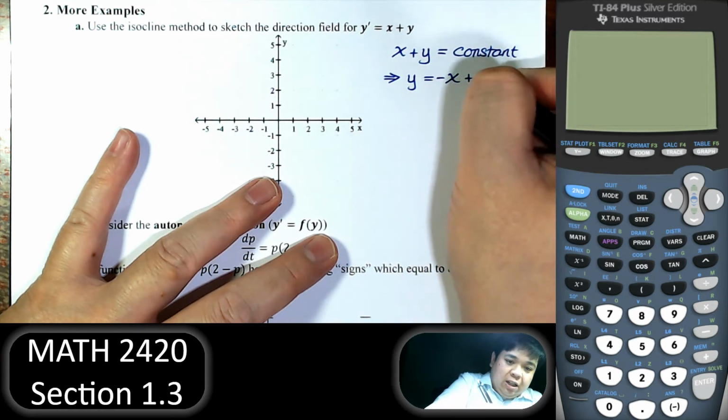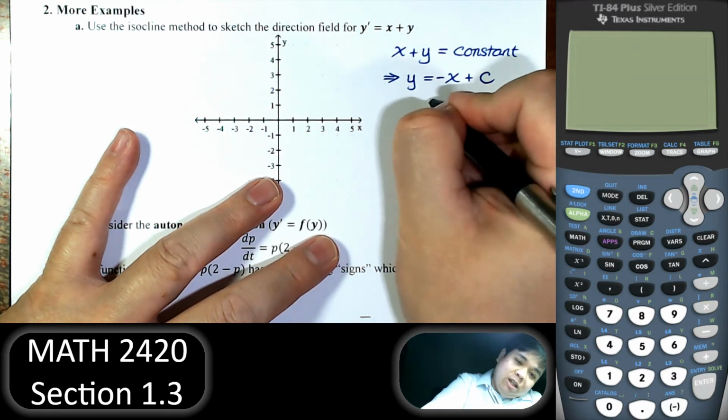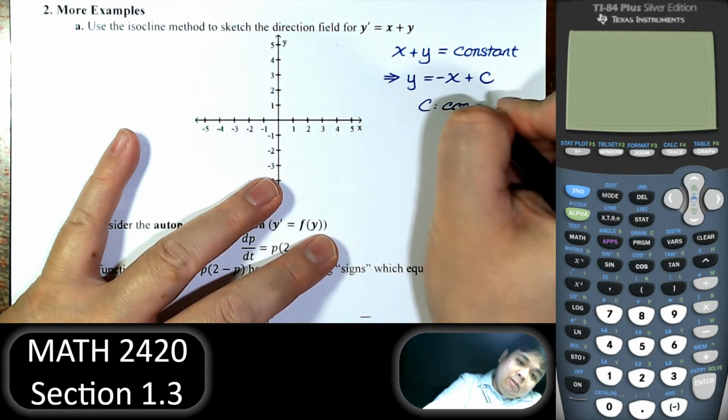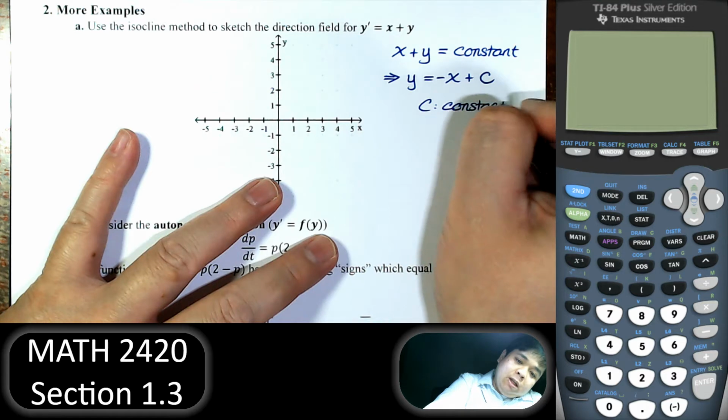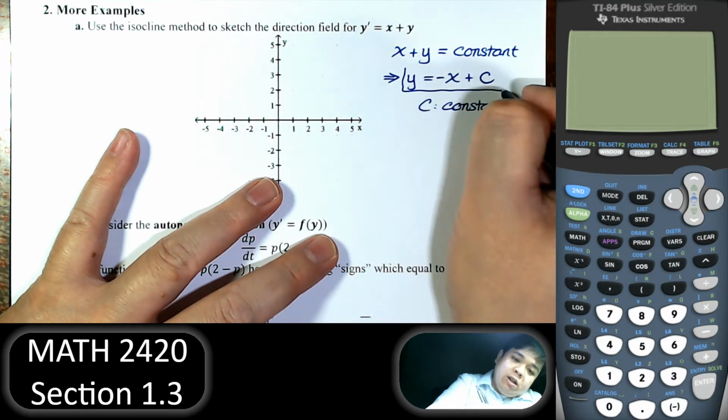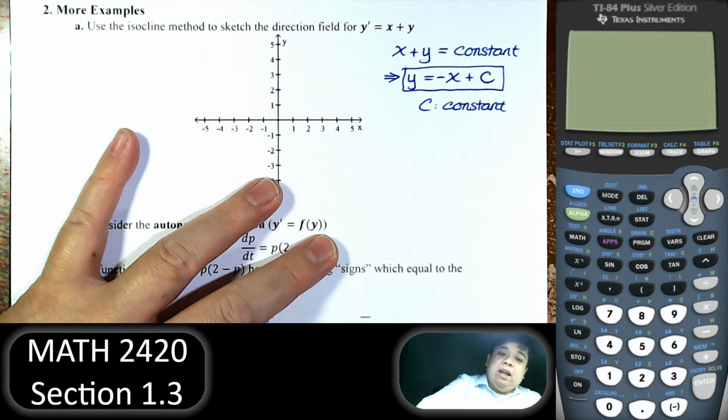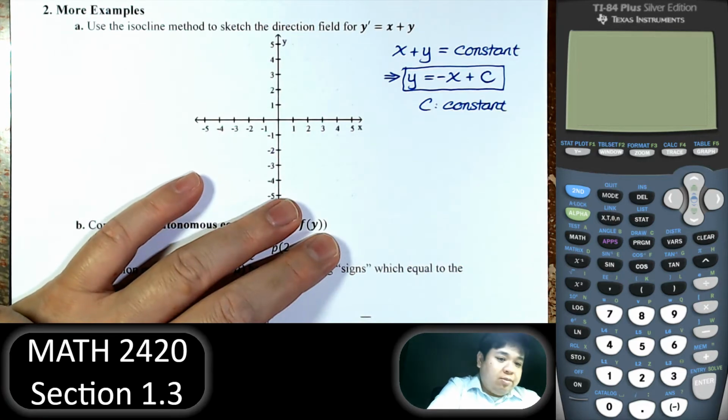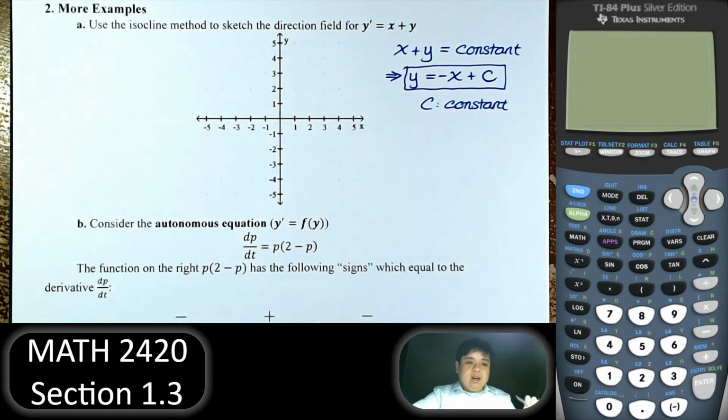Let's write that as c, where c is a constant. So on this line, the slope is a constant.